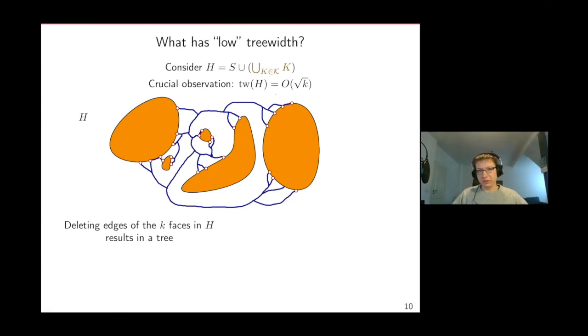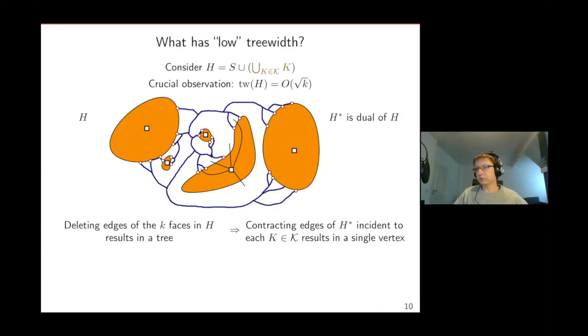First, the trivial observation is that if you delete all the K terminal faces, then you get a tree, right? Because that's what I just said. It's by definition. But now let's look at the dual graph. The dual graph will be H star. Deleting edges corresponds to contracting the dual edges.